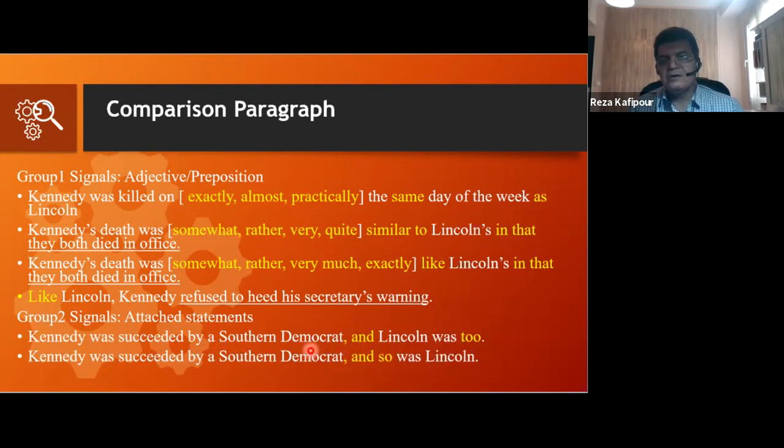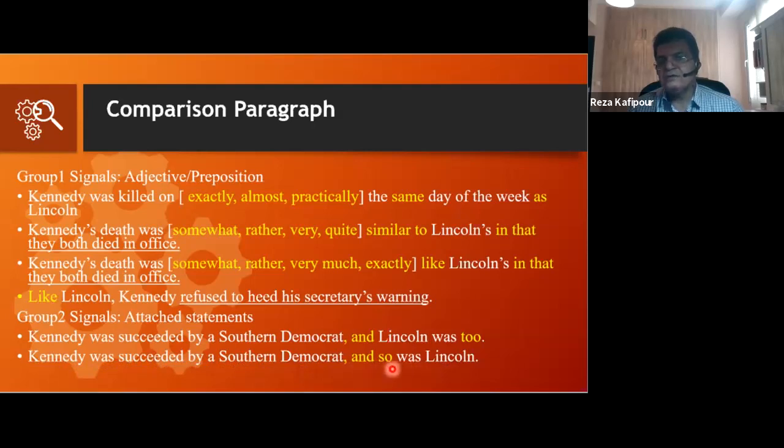The same idea can be reflected by using and so. So let's see. Again, we write the first sentence, or what happened to Kennedy. Kennedy was succeeded by a Southern Democrat, comma, and so was Lincoln.